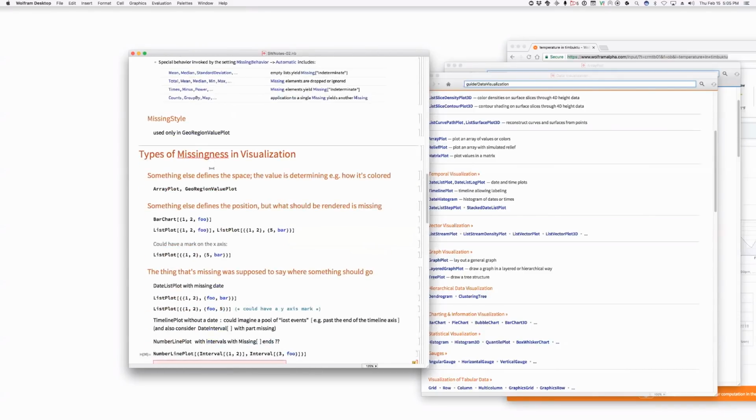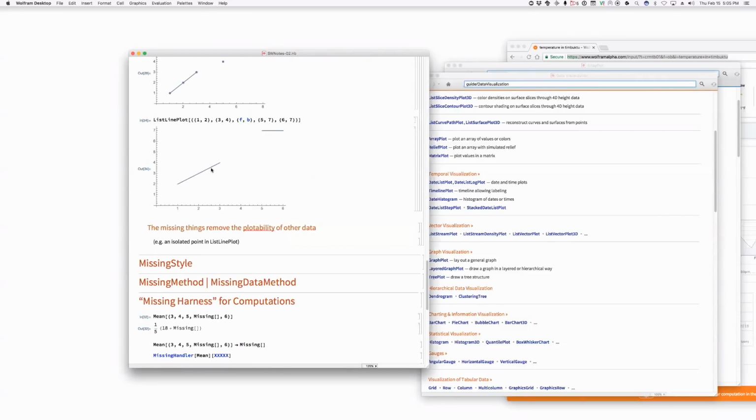That's an interesting idea, that you have a missing data method that, in its entirety or in part, is to complain.